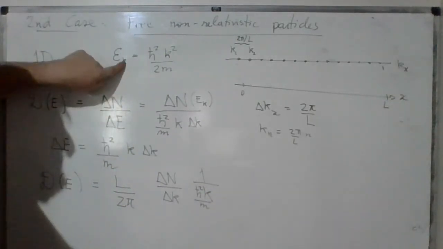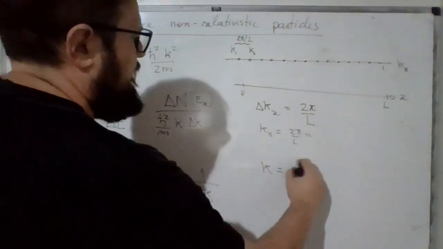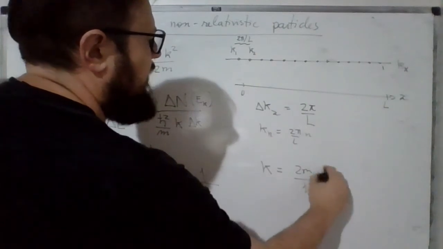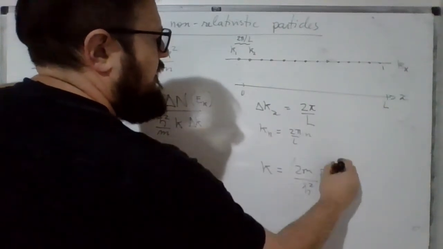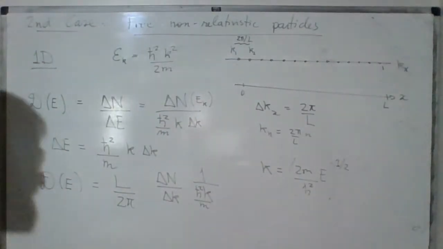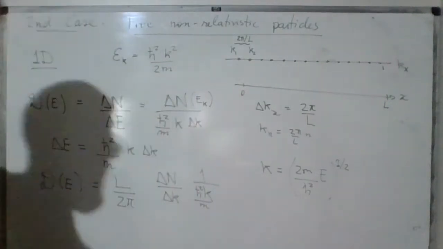But from this equation here, I know that k is twice the mass divided by h bar squared times the energy, and we need to take the square root of the value, right? So this is what we need to perform, okay?